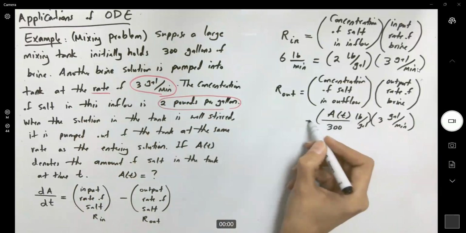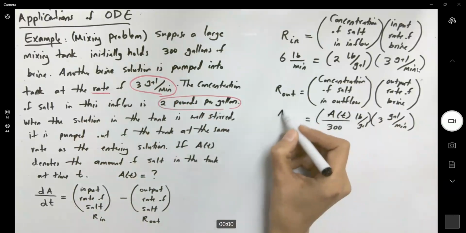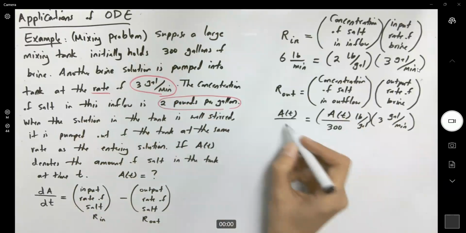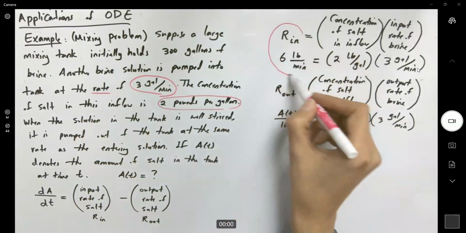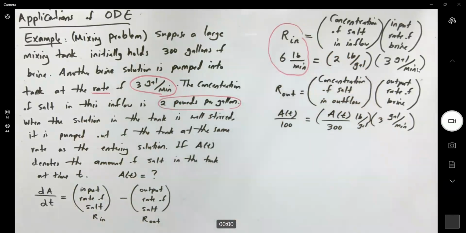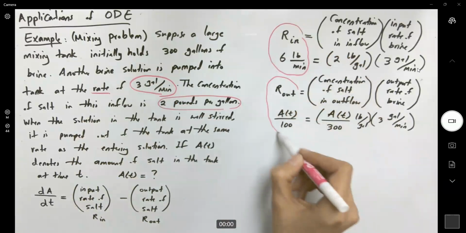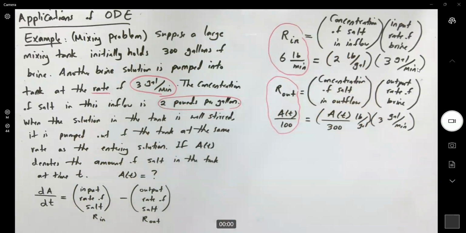If you multiply these two, you get A divided by 100. So we found all the information that we need: the input rate of salt and the output rate of salt. Let's just substitute them here.